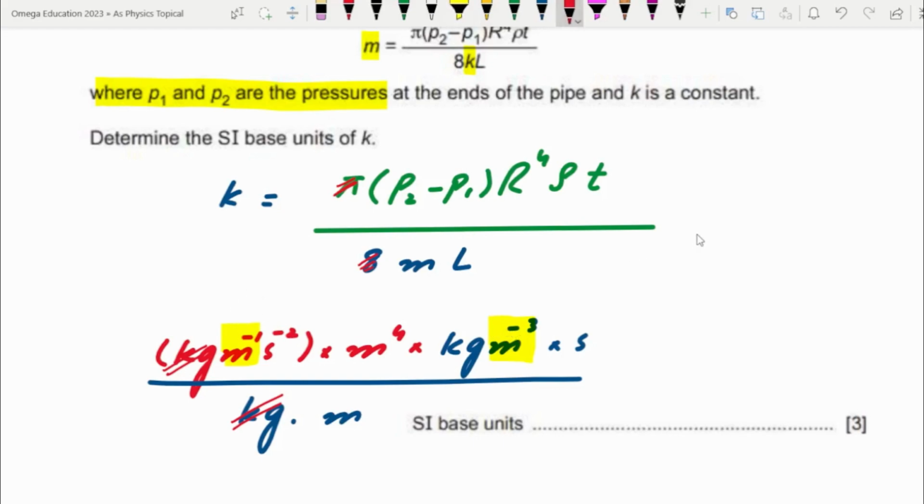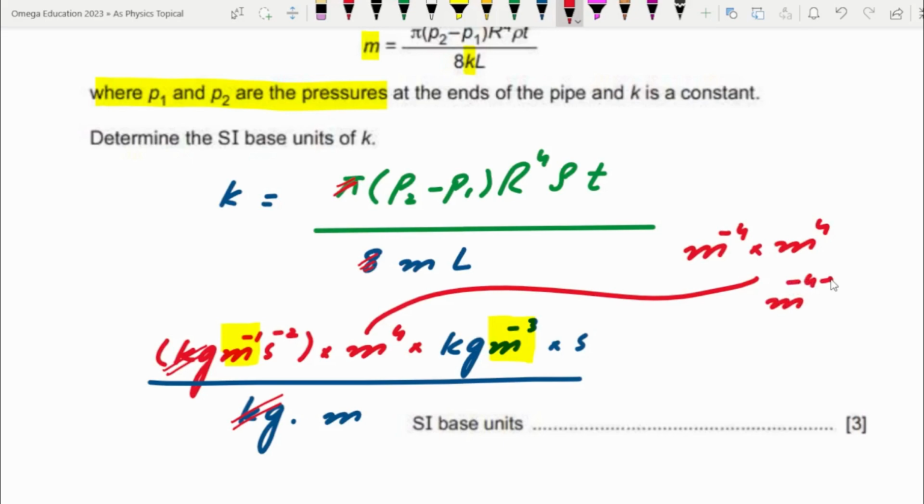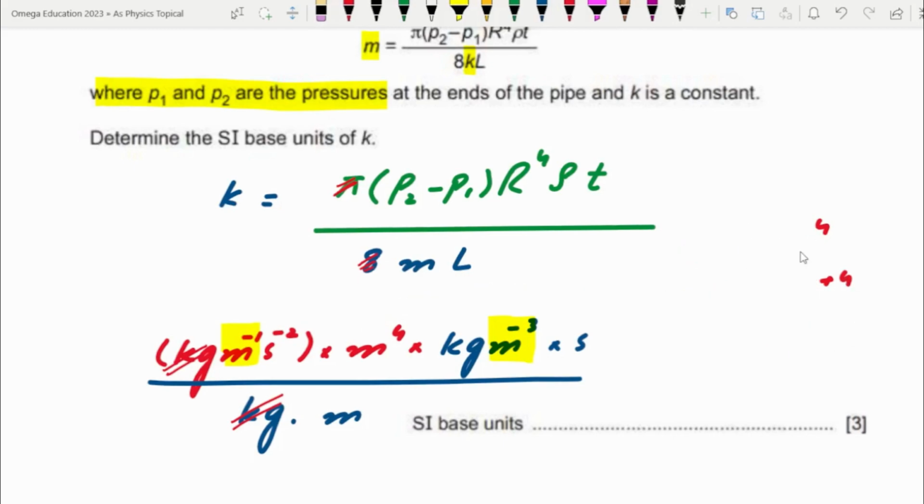From these two highlighted parts you get m minus 4, and then you multiply with this thing, which is m4. What do you get? You get 1, because if you combine using the laws of indices, minus 4 plus 4, you get m raised to the power 0. Anything raised to the power 0 is 1. So for meters, we don't get any meters here. All of them are reduced to a constant number. Okay, so all the meters are eliminated.